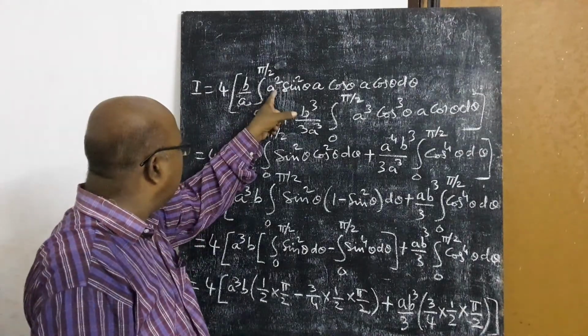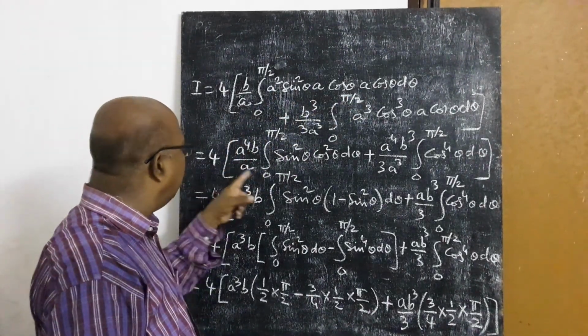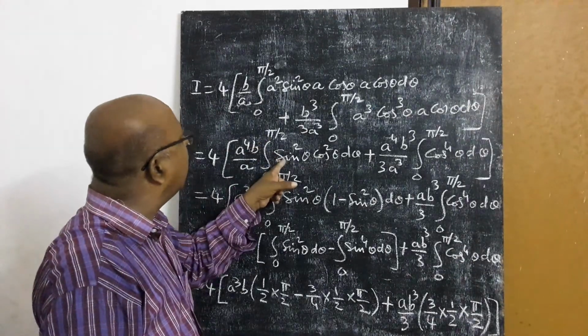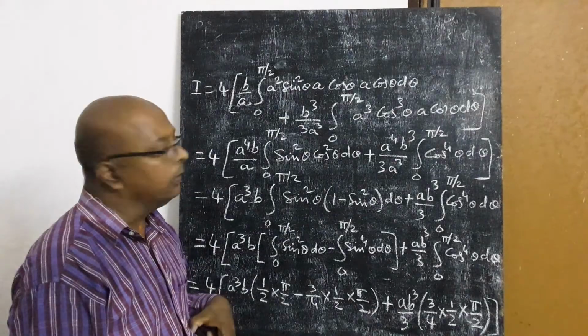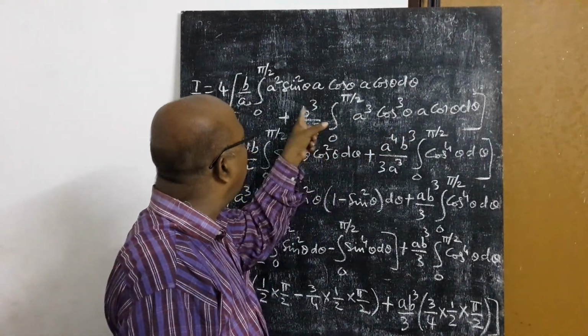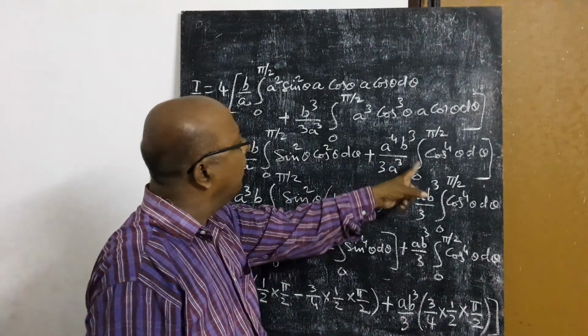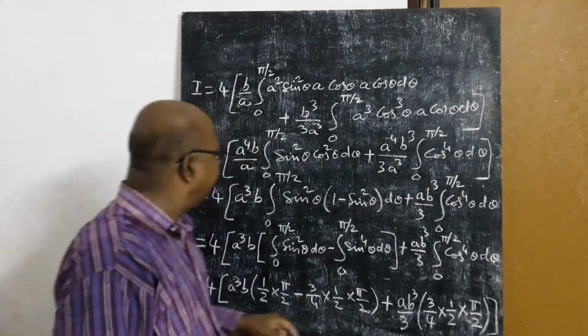So 4 into a square a power 4 b by a, 0 to pi by 2 sin square theta cos theta into cos theta, cos square theta d theta. Here a cube into a power 4 b cube by 3a cube, 0 to pi by 2 cos power 4 theta d theta.